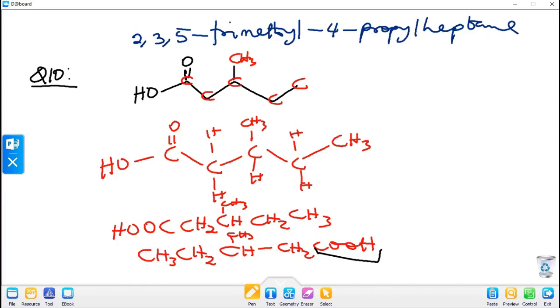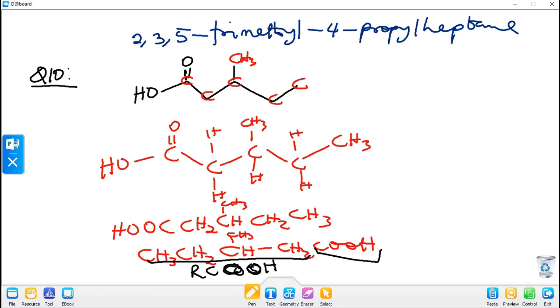So this is just like RCOOH. This is just RCOOH. That is what it is, RCOOH. So all this here is our R, and then we have COOH. So that is just it.